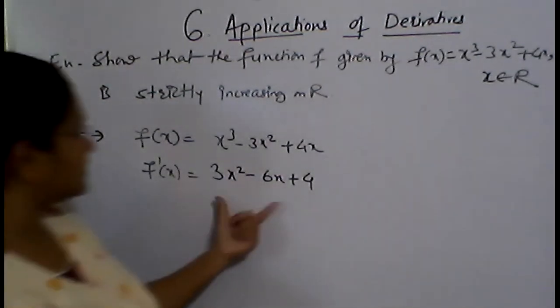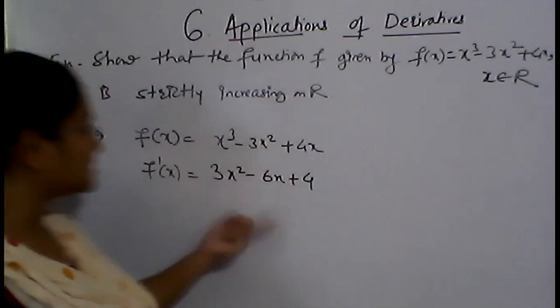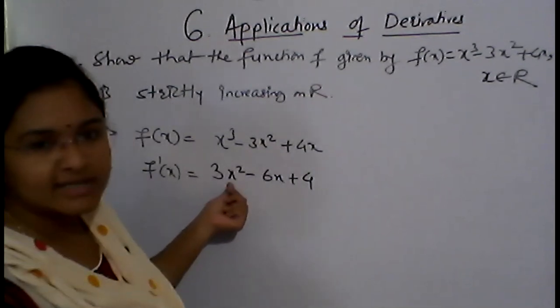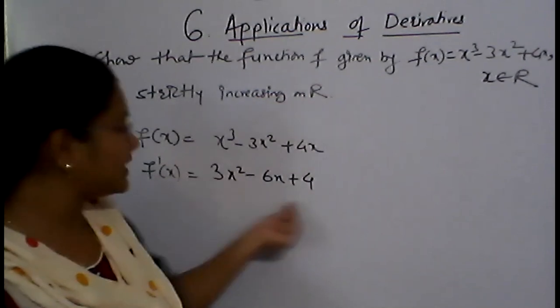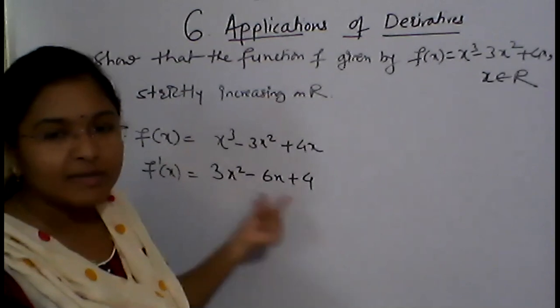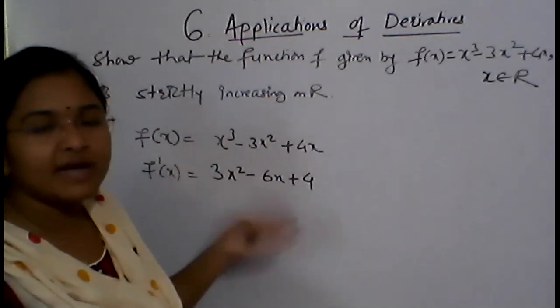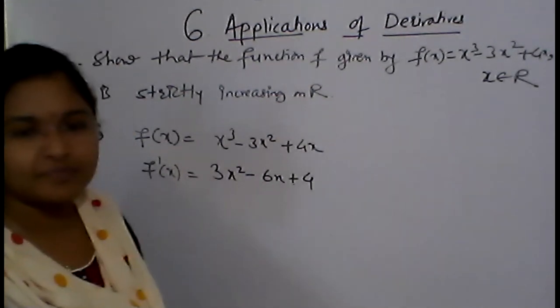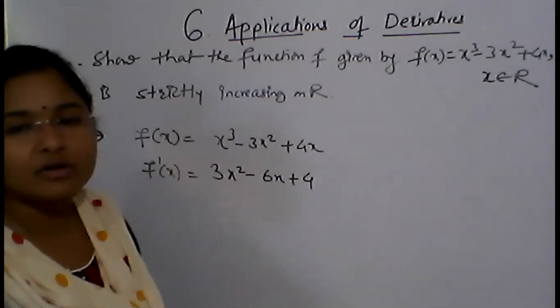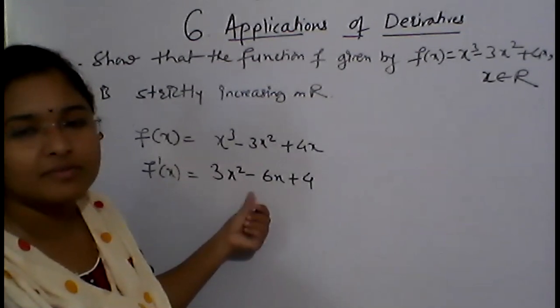See what we can do. We can try to write this expression as a square plus any quantity. 4 is always positive, है ना? But about minus 6x. ठीक है? So we'll try to write this as a square plus any quantity, है ना?